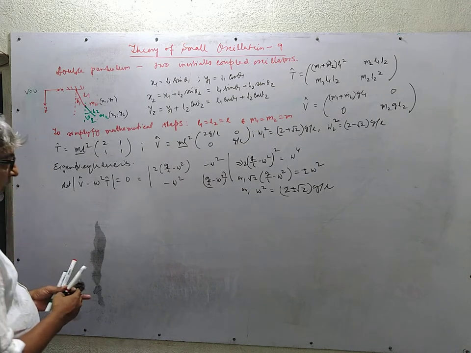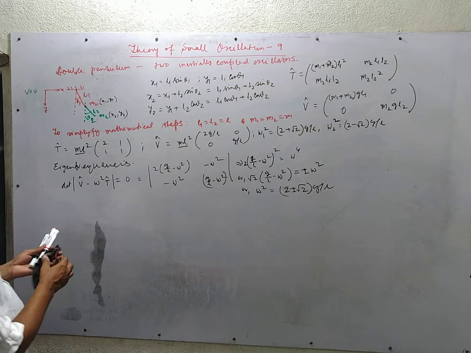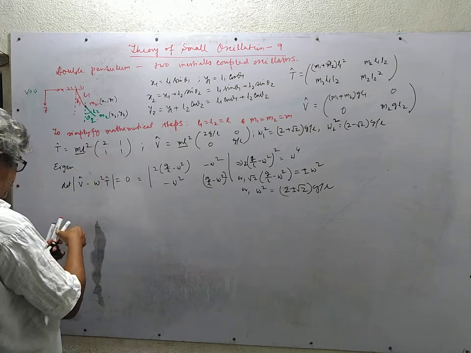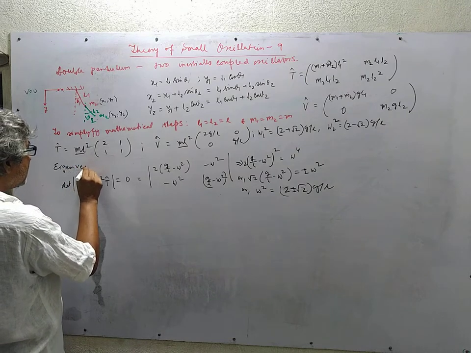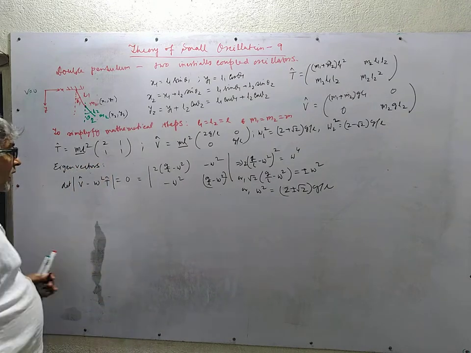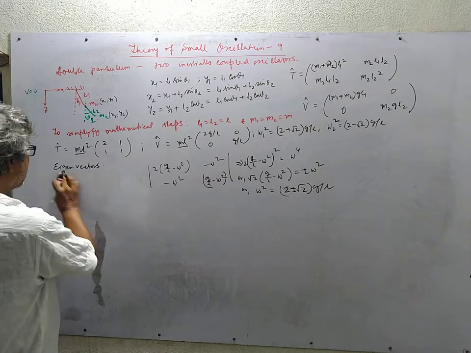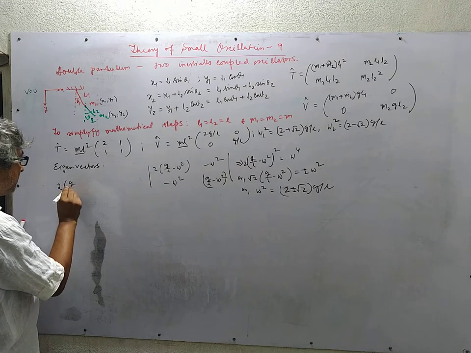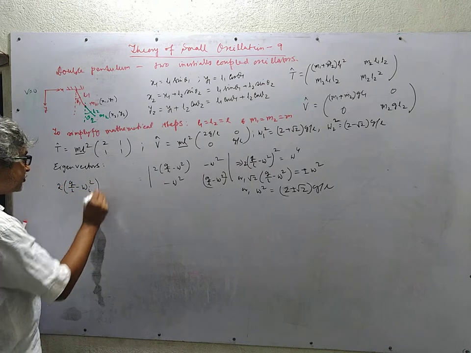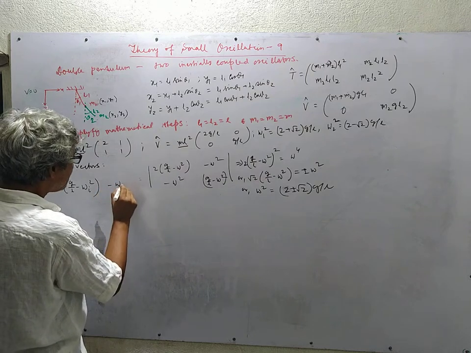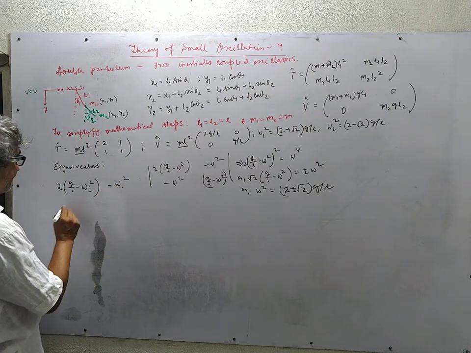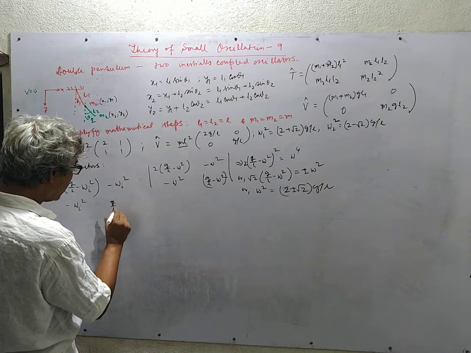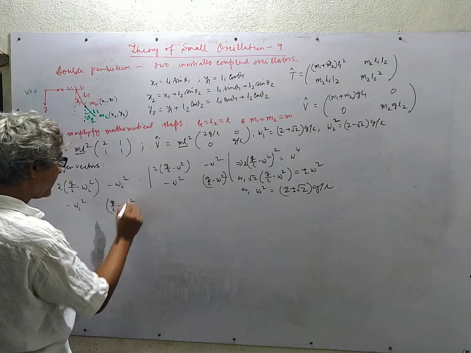Now what will be the eigenvalue equation? So if we want to find out eigenvectors, the eigenvector will be obtained from this relation, that is 2 g by l minus omega i square, minus omega i square, and this is g by l minus omega i square.